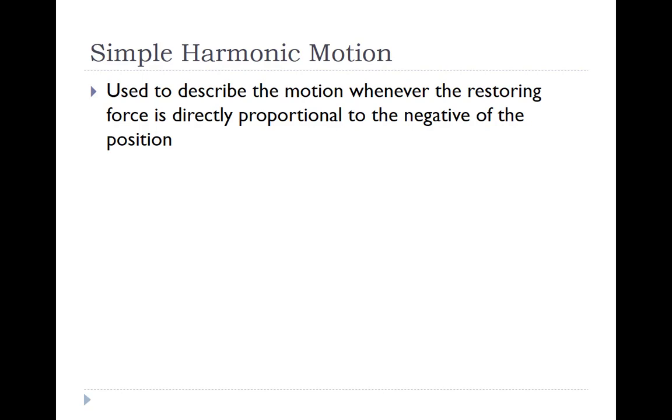Simple harmonic motion occurs whenever you have a net force that is proportional to the negative of the position. A good example of a restoring force that we have seen is given by Hooke's law, where the force due to a spring is the negative of K times x. Here's the position, and remember this x is measured from equilibrium.